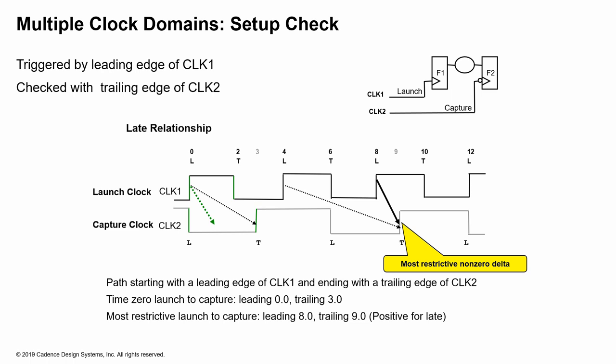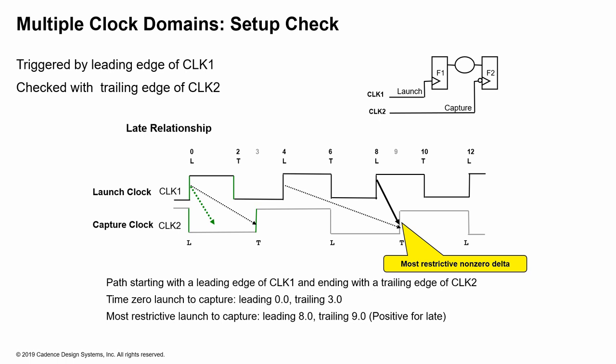Because there are many edges where the launch and capture can happen, in the case of multiple clock domains, we do need to look at the most restrictive capture and launch combination. If we look at the time 0 launch, the capture would occur at the trailing 3.